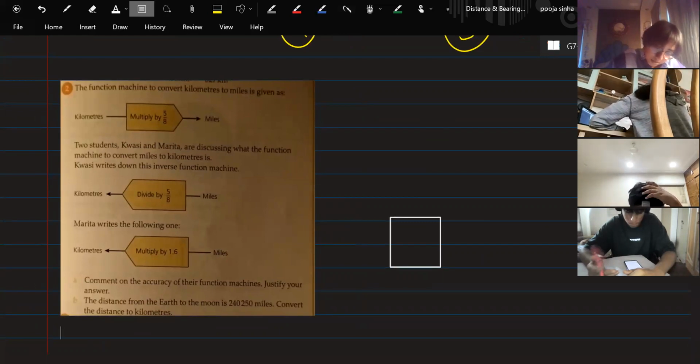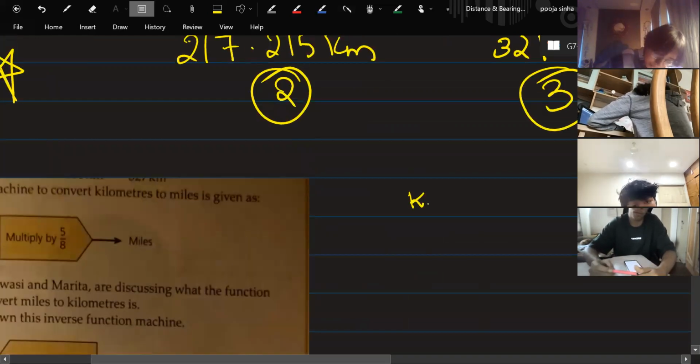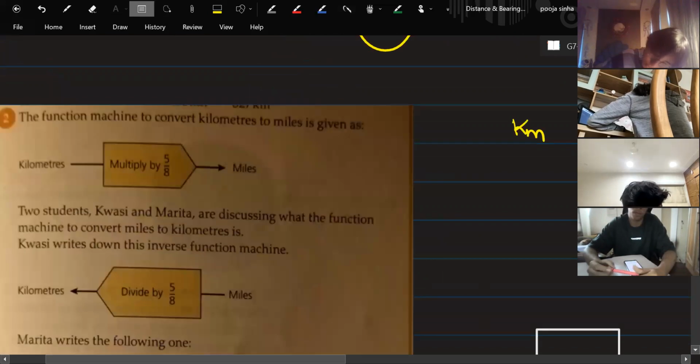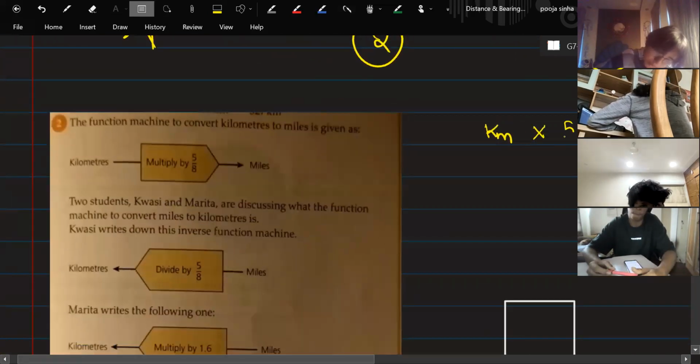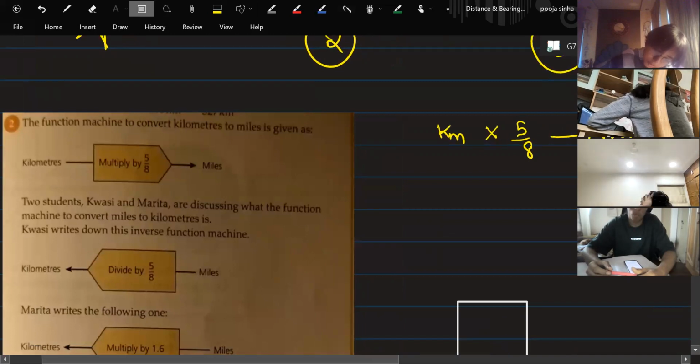Now the next question, read this. Ayan, we did this in the last class. Functions, okay? The function machine to convert kilometers to miles is given as this. So there's another way that you can convert kilometers into miles. If you multiply your kilometers by 5/8, the answer will be in miles.